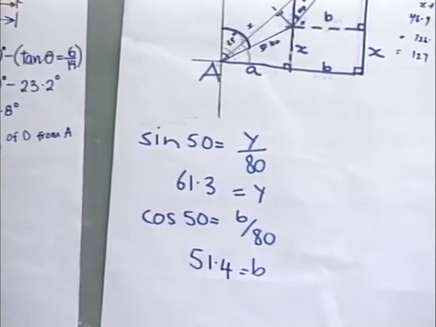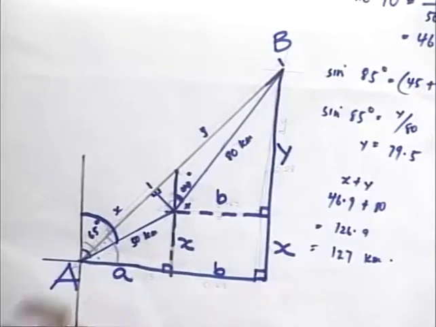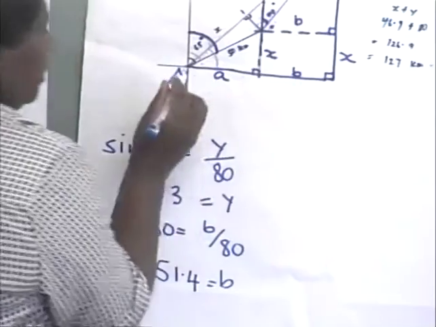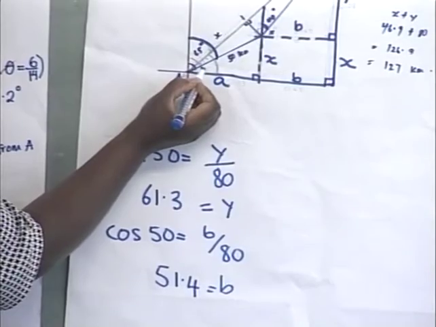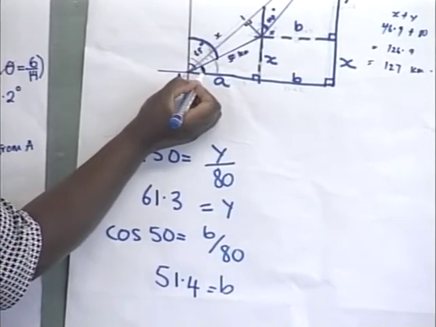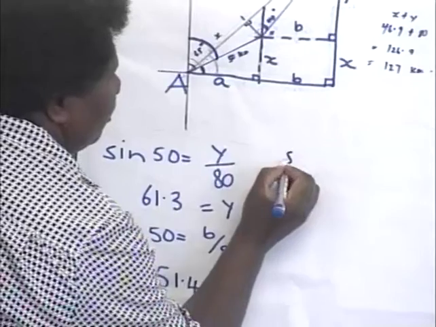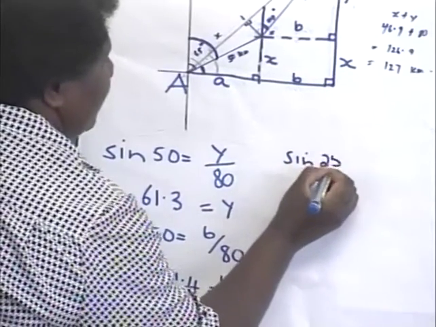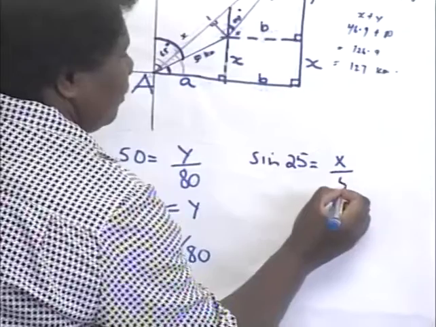kilometers. Okay, now I want A and X. So if this angle is 50 degrees, this one is going to be 25, this angle here. So I'm going to use sine of 25, which is equal to X over 50.